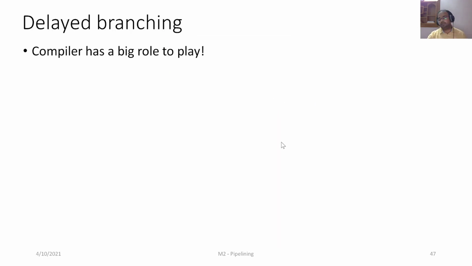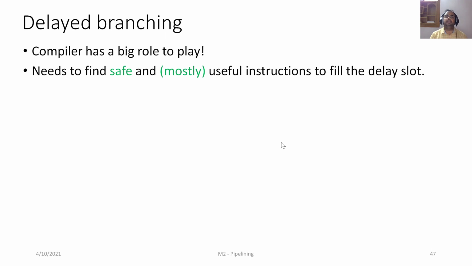So in delayed branching, as a method of handling control hazards, the compiler is the sole player and it has a lot of work to do. It needs to find a safe and useful instruction to fill the delay slot.